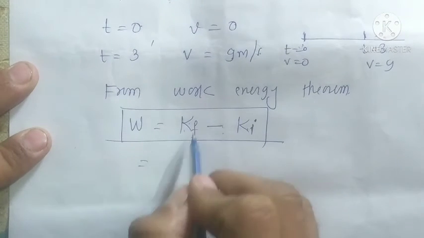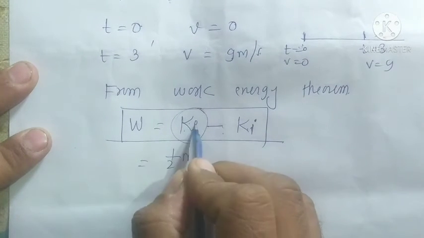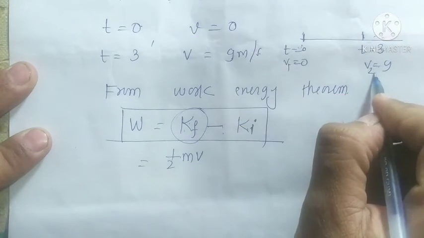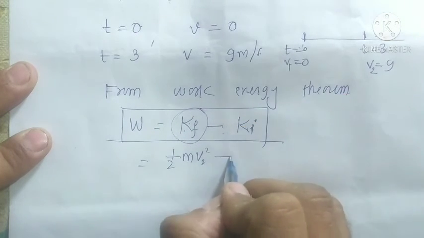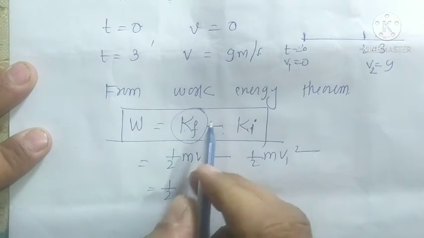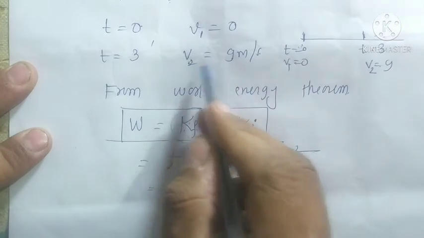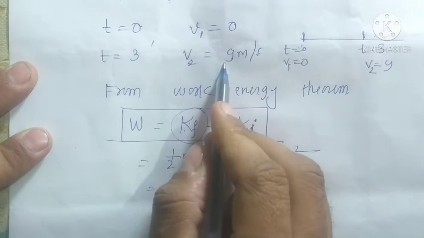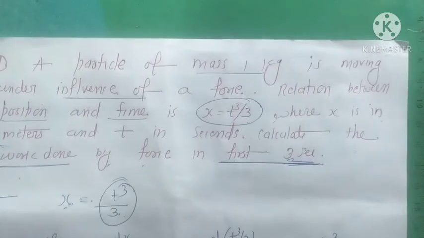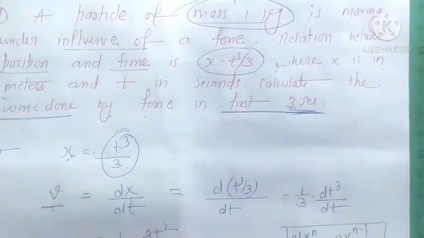We put the value of kinetic energy, half m v2 square minus half m v1 square, where this is v2 and this is v1. The mass of the particle is already given here, 1 kg.